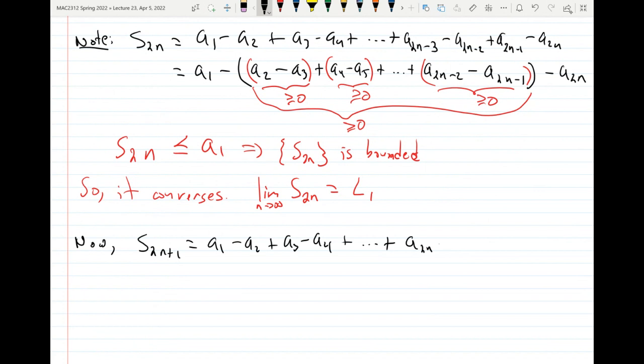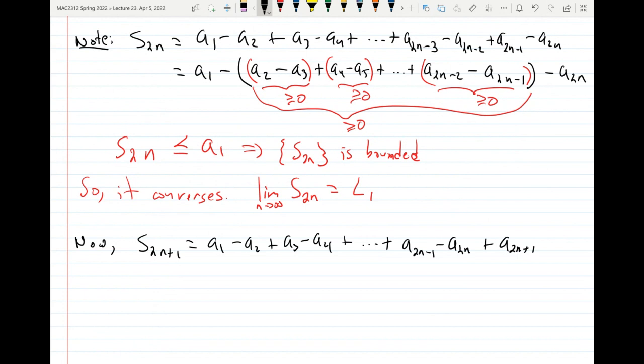That would be A2n minus 1 minus A2n, and then plus A2n plus 1, like that. Remember, when we don't put parentheses or factor anything, the negative is always with the even guy. That's how S2n plus 1 looks.